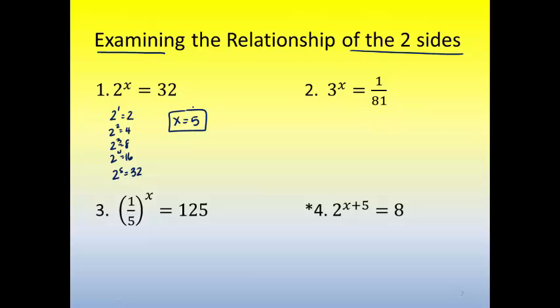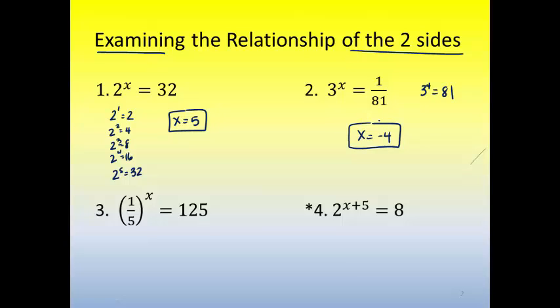Let's see how we can relate that to the second example. How are 3 and 81 related? Well, I know that if I take 3 and raise it to the fourth power, I get 81. But this is 1 over 81, so I have to consider the fact that it got flipped, which means that x isn't 4, x is negative 4. That flipped it over and made it 1 over 81.